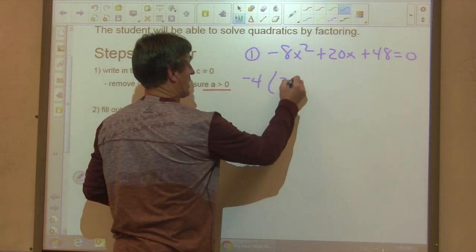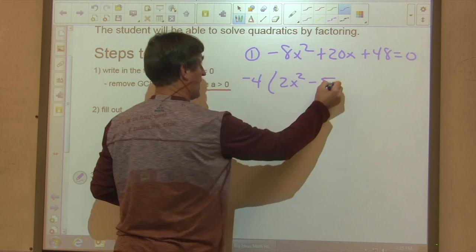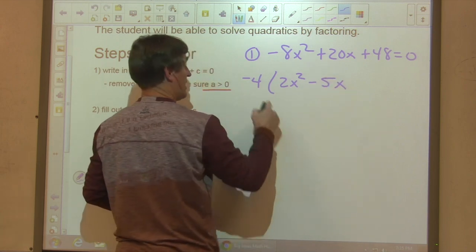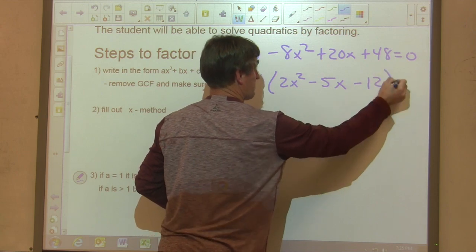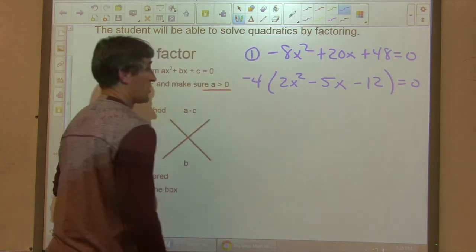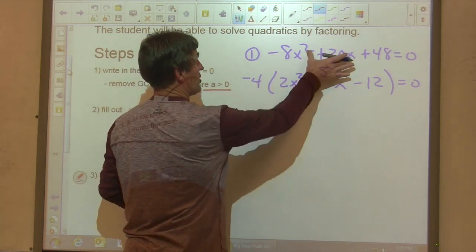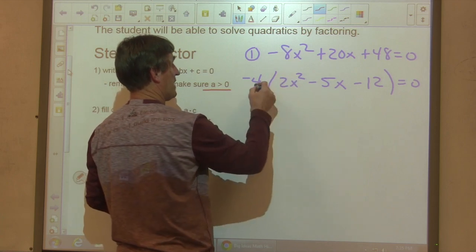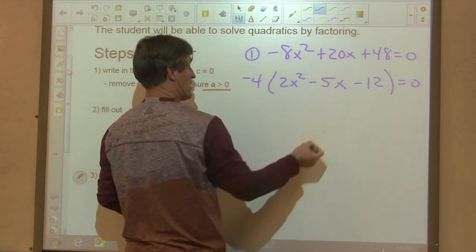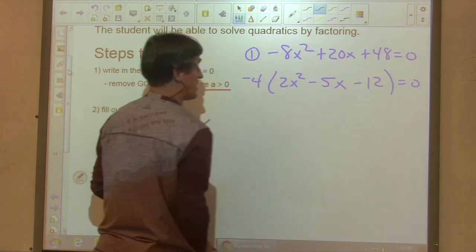So this would be 2x squared, -4 into 20, we get -5x, and -4 into 48 would be a -12. If I multiply this by -4, I should end up back where I was. So -4 times 2 is -8, -4 times -5 is positive 20, and -4 times -12 is a positive 48.